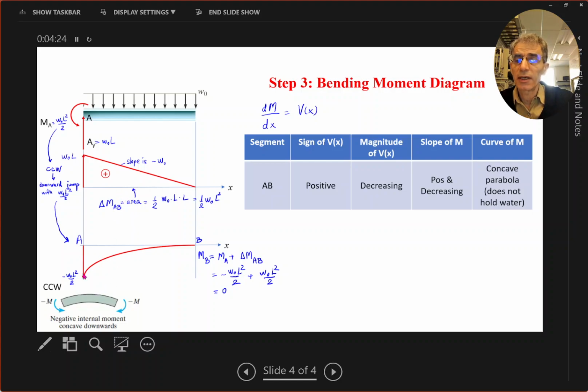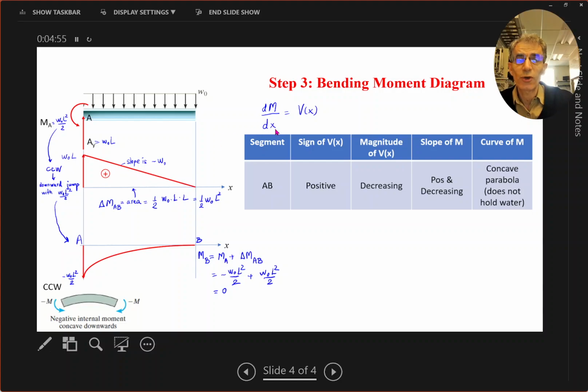So basically, now we have that jump downward with the value of the moment M_A, and then as we go from left to right, we look at this equation, and that equation tells us two things. One, the shear force has a positive sign, and two, the magnitude is not constant anymore. It keeps decreasing as we go.